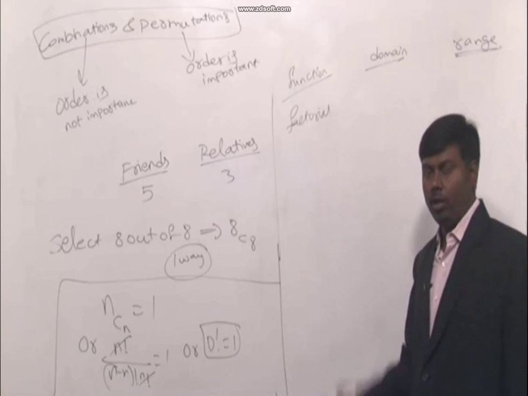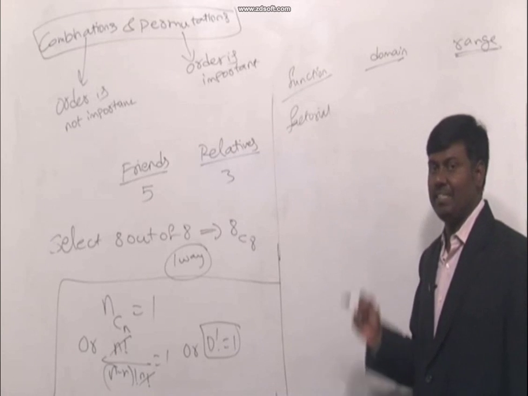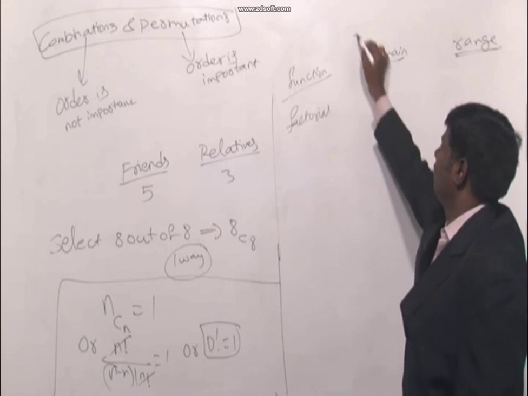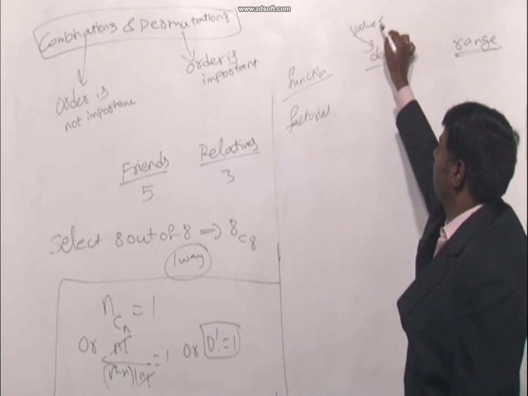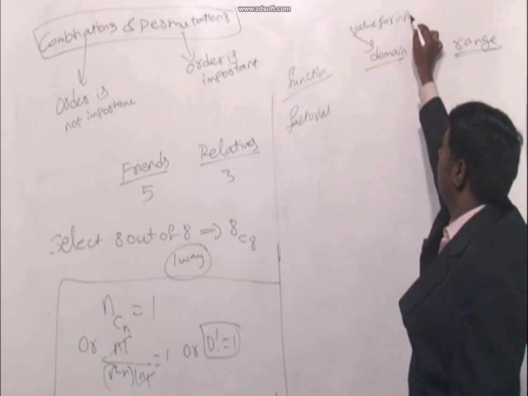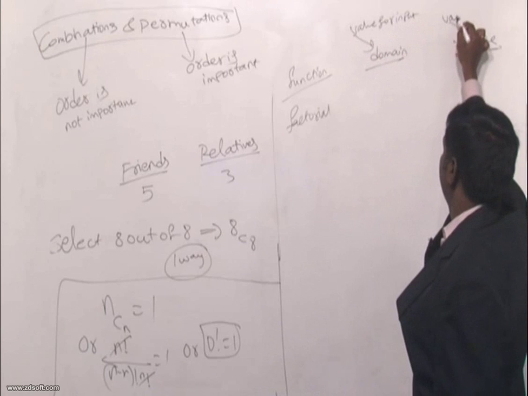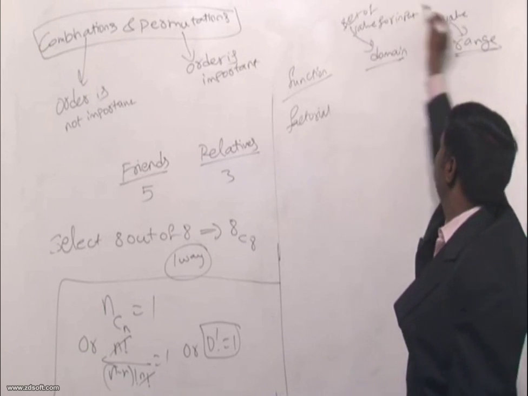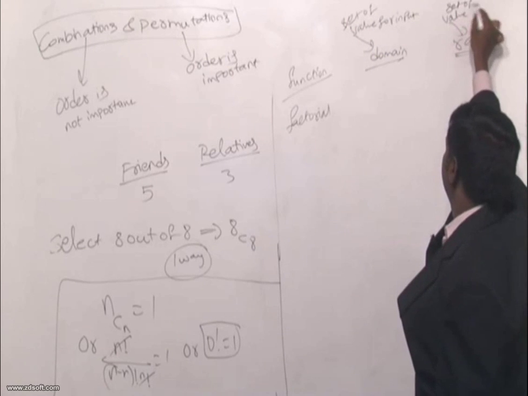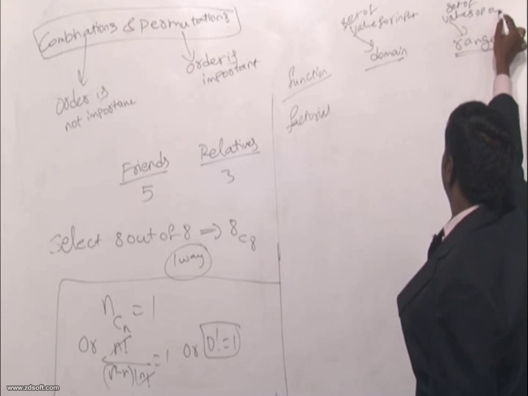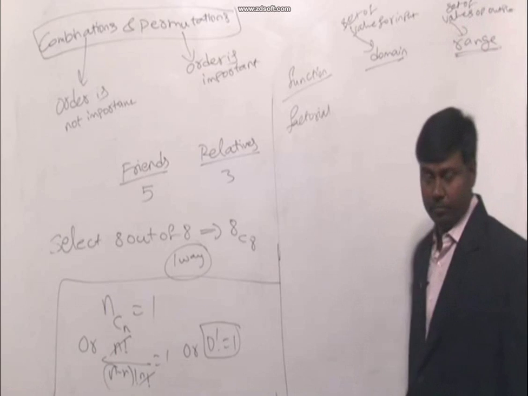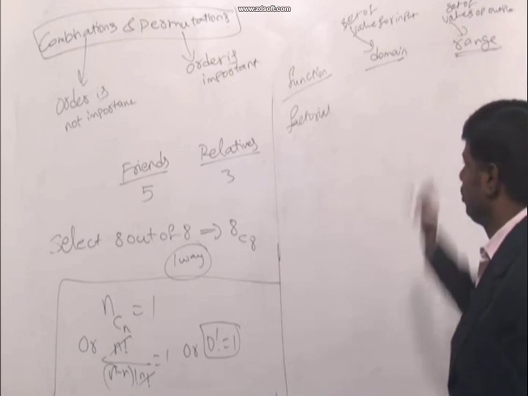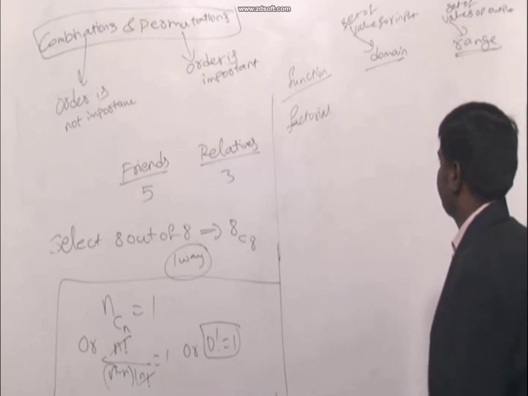That means what are all values that can be considered as input of a function. This is a set. This is also a set. What are all values you can consider as an input for this function?